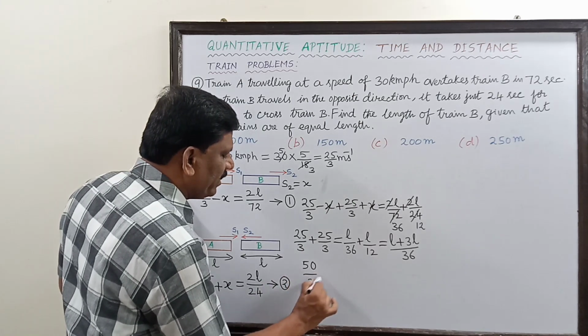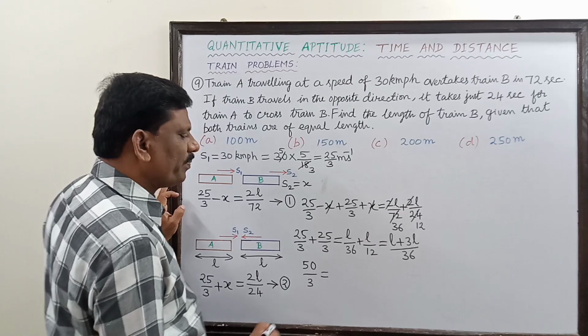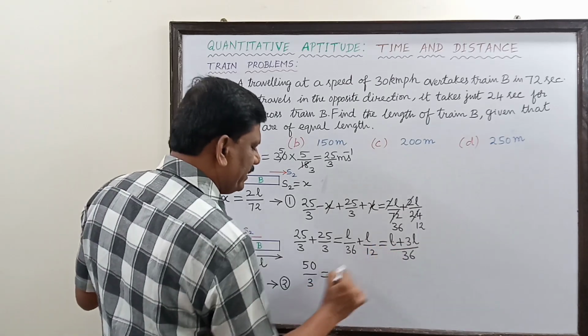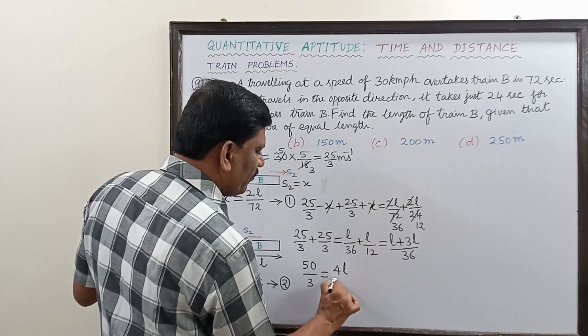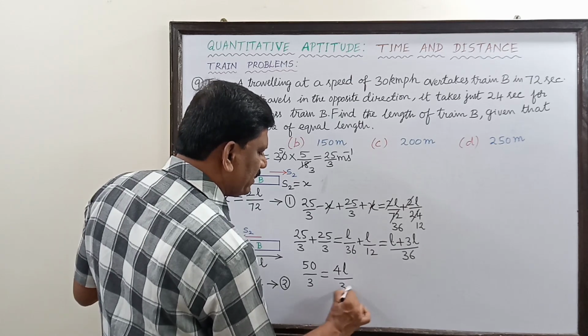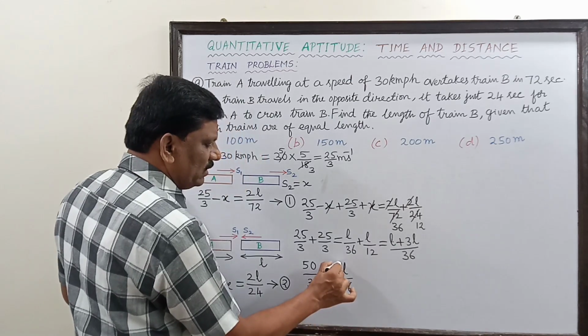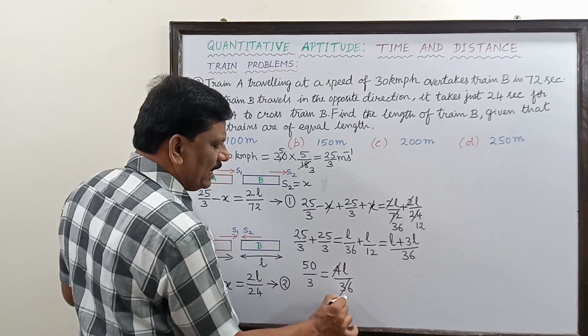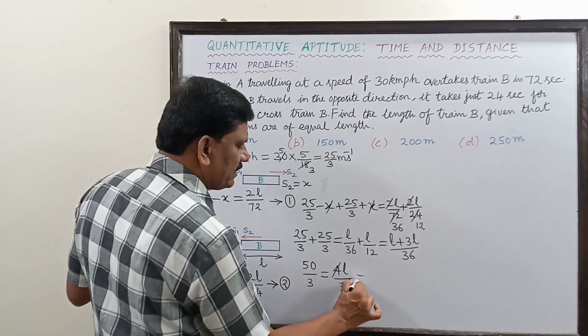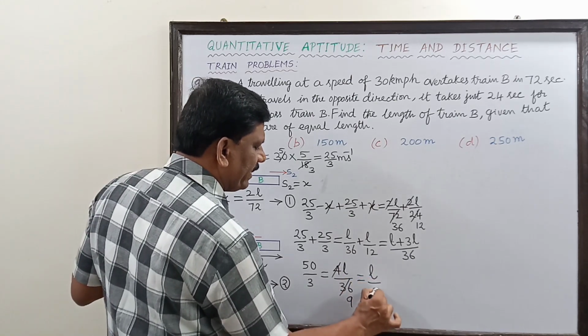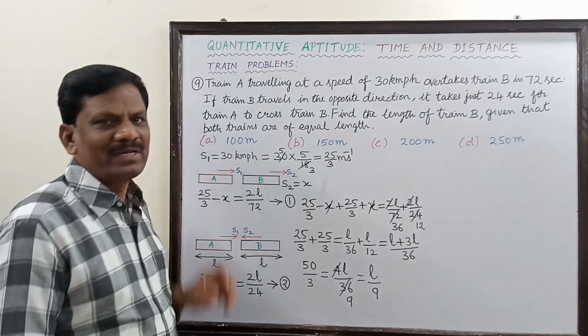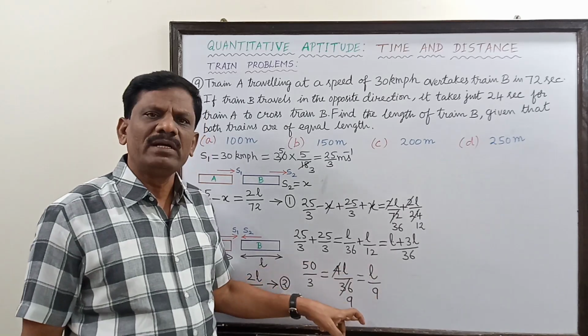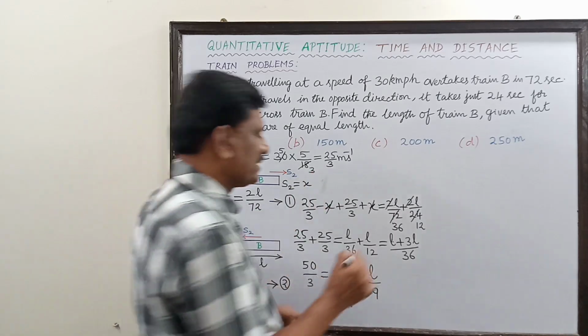So left hand side will come as what? 50 by 3 is equal to, right hand side L plus 3L is what? 4L. 4L divided by 36. So this is 9 4s are 36. So this is equal to L by 9. Okay. 50 by 3 is equal to L by 9. I will rewrite on the other side.